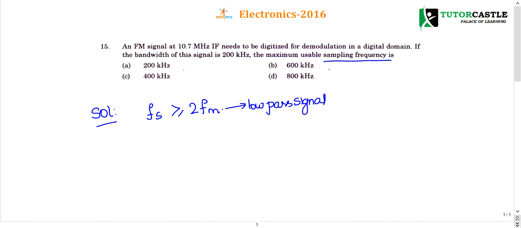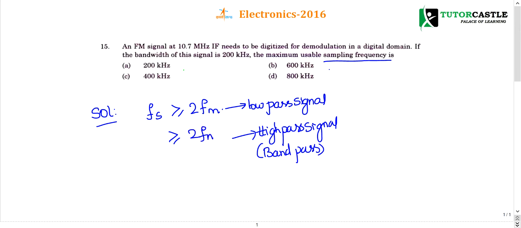For band pass signals, it is nothing but 2 times FH, or 2 times the highest frequency component, divided by floor of the highest frequency component by FH minus FL.